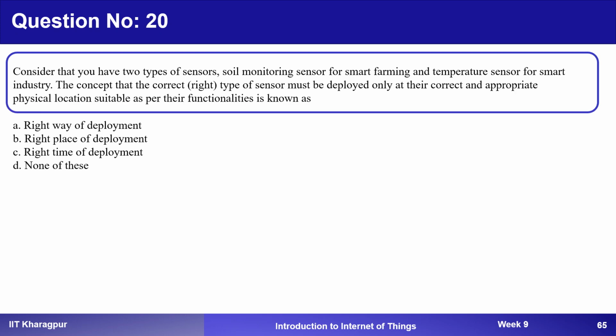Next question is, consider that you have two types of sensor: soil monitoring sensor for smart farming and temperature sensor for smart industry. The concept that the correct type of sensor must be deployed only at the correct and appropriate physical location suitable as per their functionality is known as. Options are right way of deployment, right place of deployment, right time of deployment, none of these.